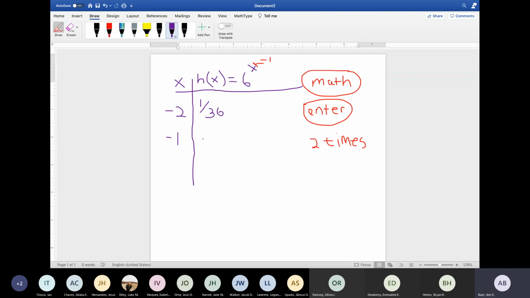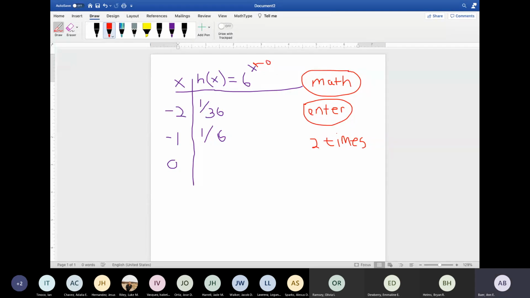And I get 1/6. So let's put in 1/6 here. Then we're going to put in 0. I'm going to get the eraser, take this out, and put in 0.